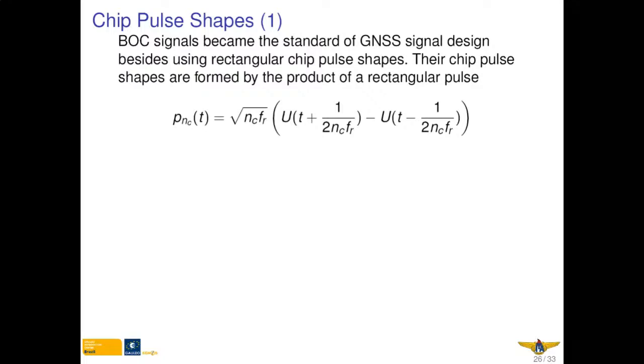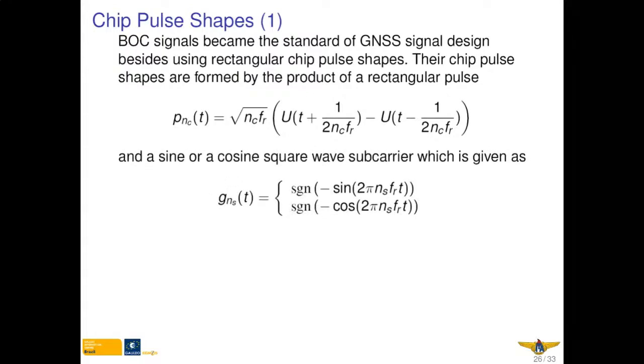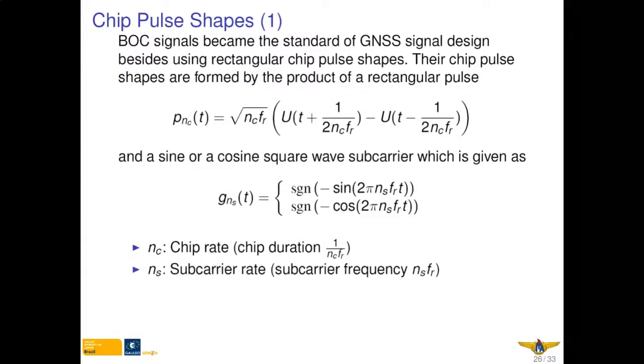Their chip pulse shapes are formed by the product of a rectangular pulse, this is the rectangular pulse here, and a sine or cosine square wave subcarrier, which can be given by this function g_ns(t), where nc is the chip rate, ns is the subcarrier rate, fr is the reference frequency. This is usually 1.023 megahertz.